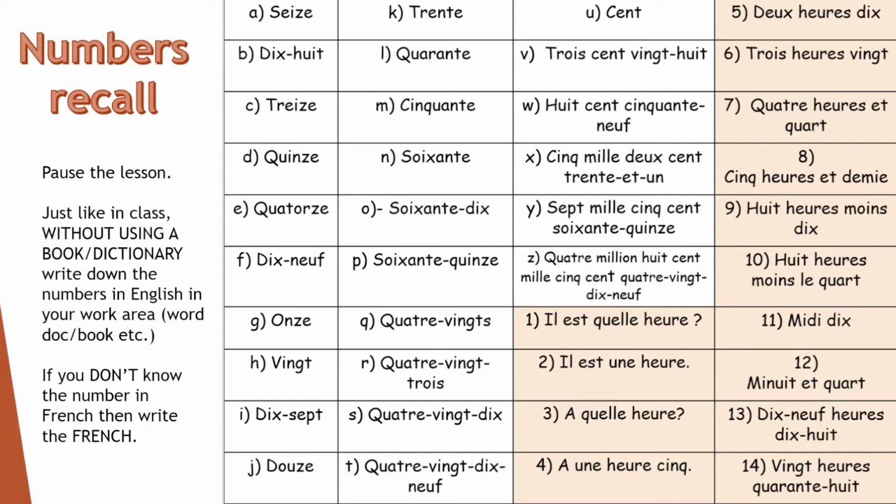If you don't know what the number is, then write the French. So pause the video, take as long as you need, because it might be that you need more than 5 minutes, might be less, that's okay. And then we're going to go through them.